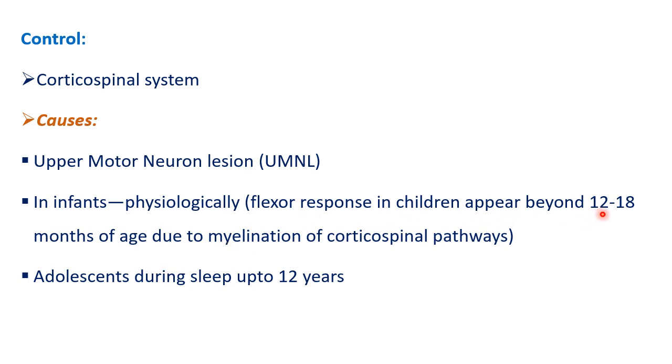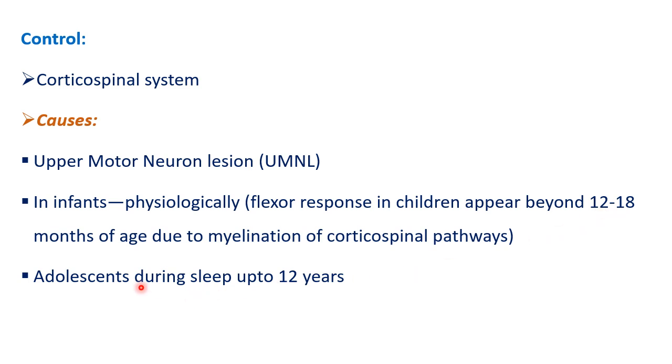So if in an infant or a toddler the Babinski reflex is positive, we will not consider it abnormal. We will look at the age of the child. If it is between 12 to 18 months, we will consider it normal because it starts developing by 12 to 18 months. Beyond 18 months, if it is there, we consider it abnormal.